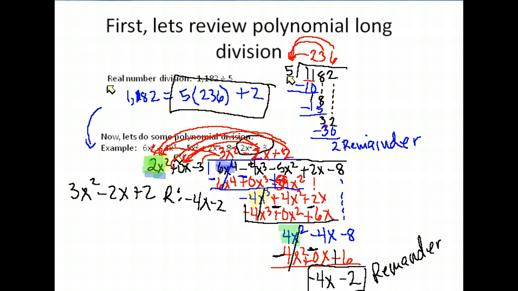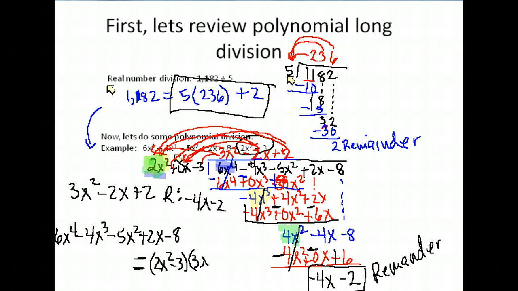So our original problem, 6x to the fourth minus 4x to the third minus 5x squared plus 2x minus 8, that's what we were dividing, is equal to 2x squared minus 3, that's what we divided by, times our answer, 3x squared minus 2x plus 2, plus an additional negative 4x minus 2, or you can just put negative 4x minus 2 on the end there.